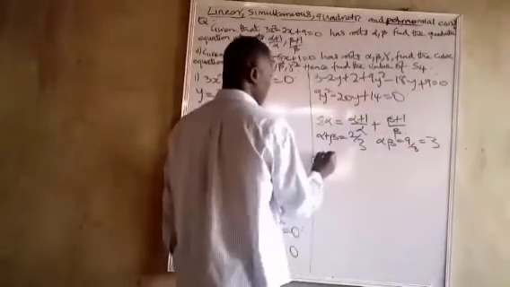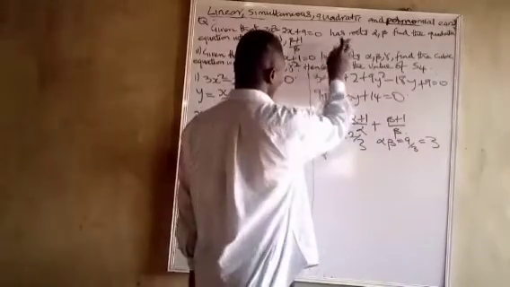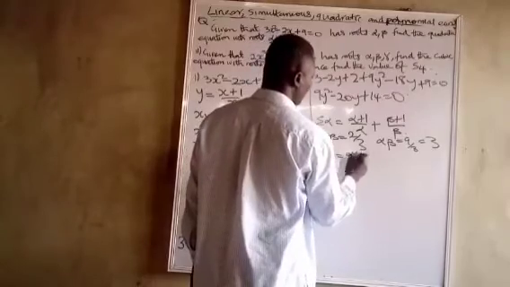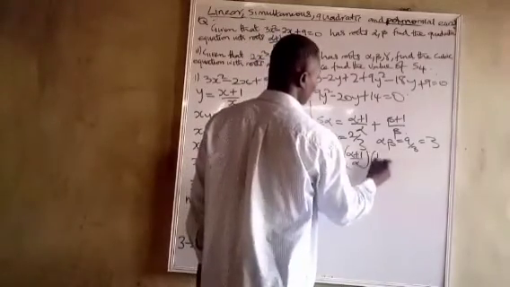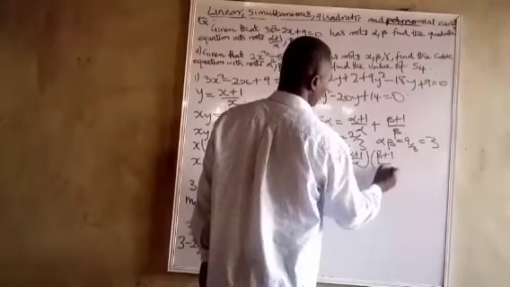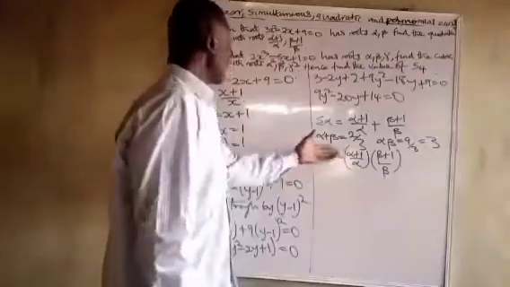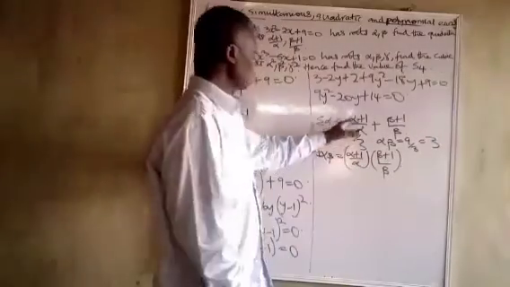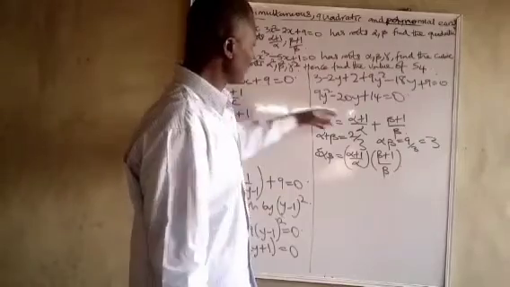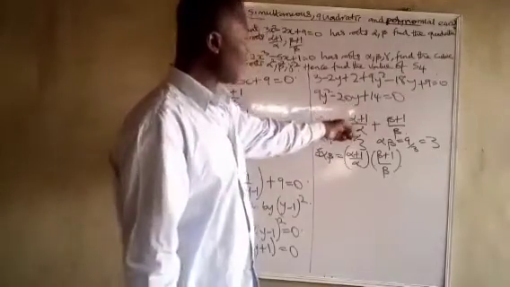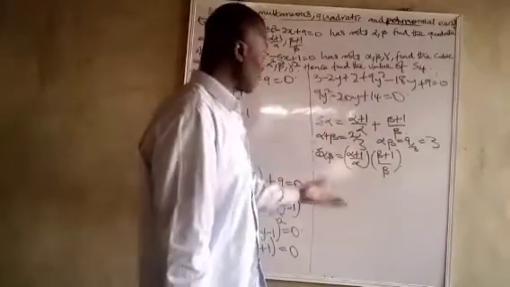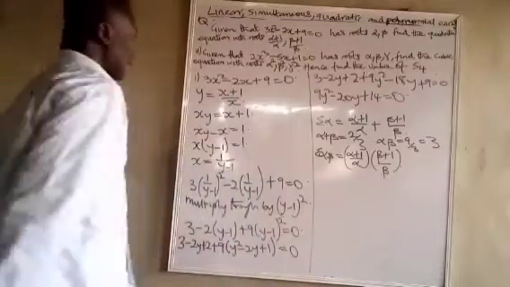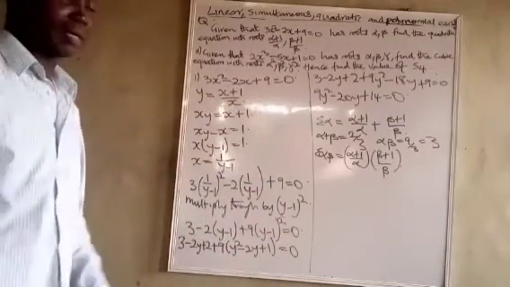For the product, the new root product will be alpha plus 1 over alpha into beta plus 1 over beta. On getting this, the sum here, you multiply by minus 1 and put it as the coefficient of y. And this one, the product, you put as the constant. You can use that one as an exercise, and I've done it. I got the same answer.